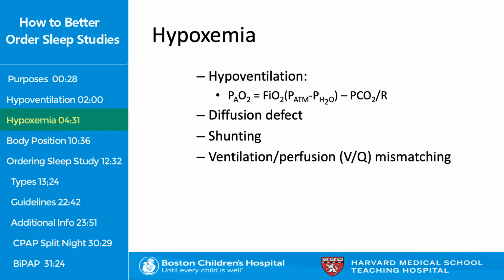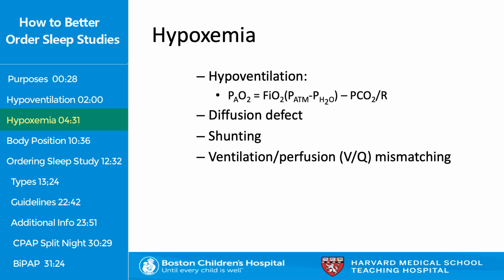And so in a child who is hypoventilating, again, for any of the reasons which I have just mentioned and more, you may start to see hypoxemia consequent to that. You can have hypoxemia secondary to a diffusion defect.